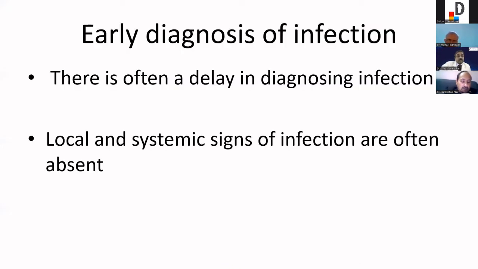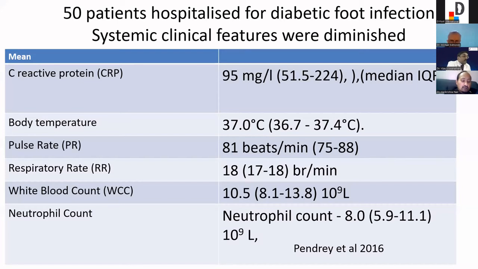So early diagnosis of infection, and I'm afraid there is often a delay in diagnosing infection because local and systemic signs of infection are often absent. When we looked at 50 patients hospitalized for diabetic foot infection, systemic signs were diminished.